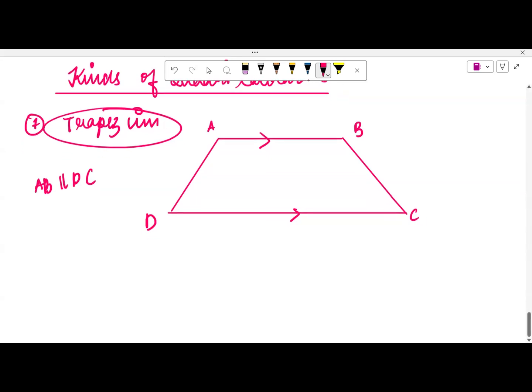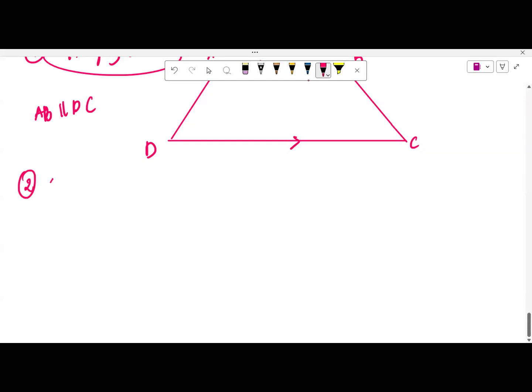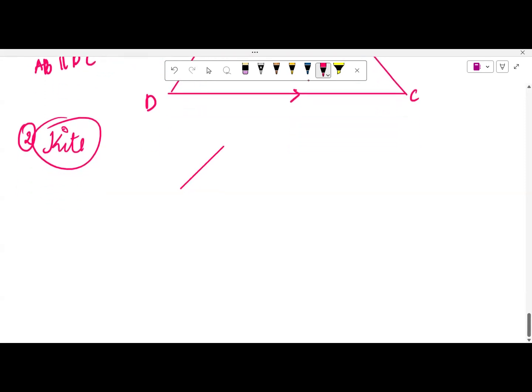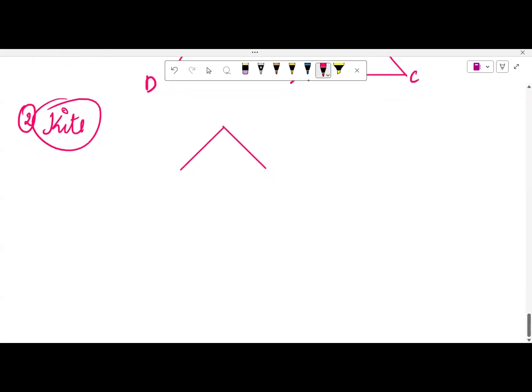Next is the kite. What happens in a kite? In a kite, the property is very simple: adjacent sides are equal to each other. Take A, B, C, and D. AB and AD are adjacent, so they are equal, and DC and BC are adjacent, so DC is equal to BC.